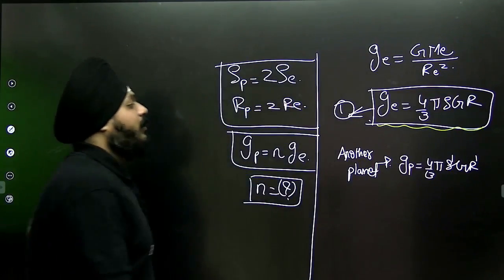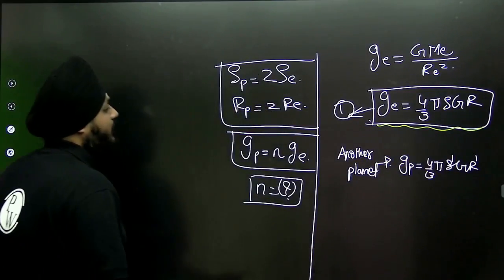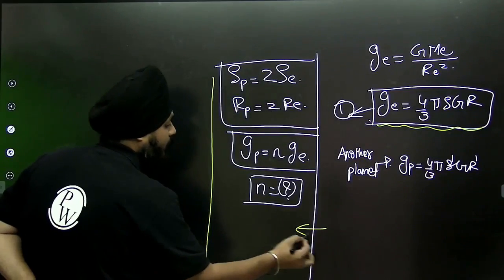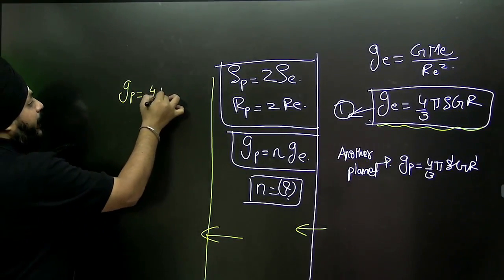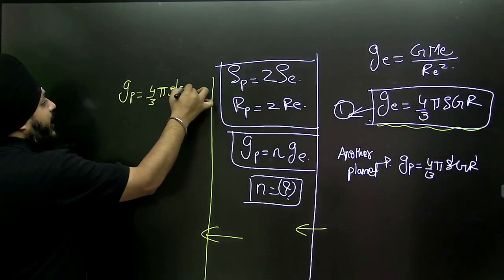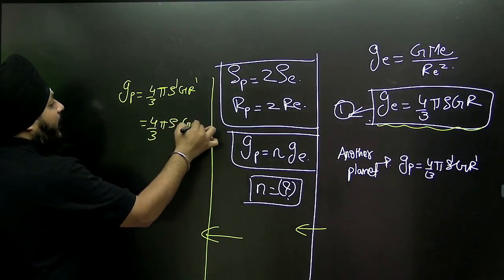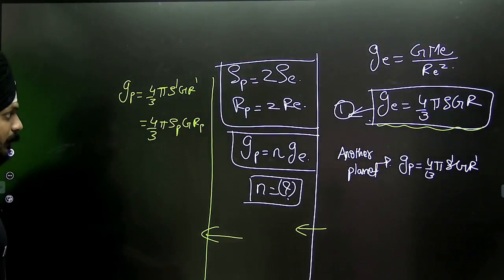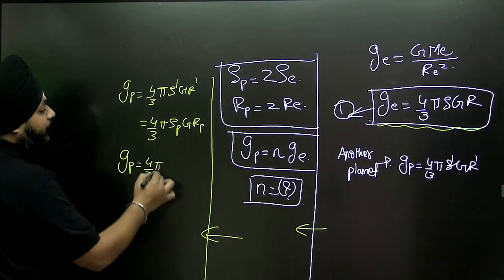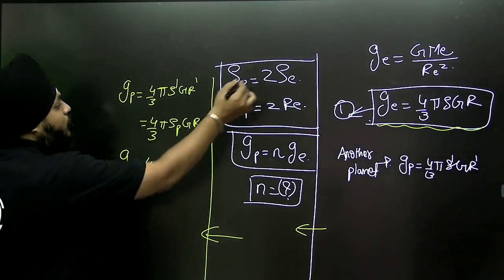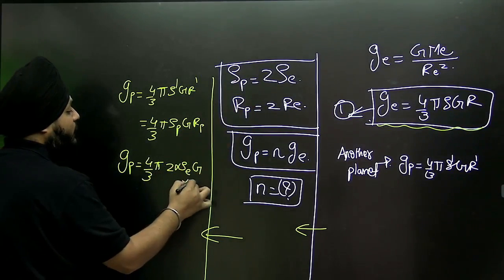The gravitational acceleration of the earth is 4/3 pi rho G r. The gravitational acceleration of the other planet is 4/3 pi rho dash G r dash. Let's evaluate this. g of planet is 4/3 pi times the density of planet times G times the radius of planet. The density of the planet is twice the density of earth, and the radius is twice the radius of earth.